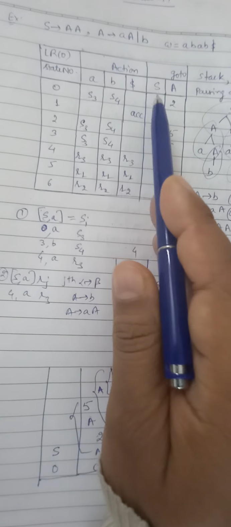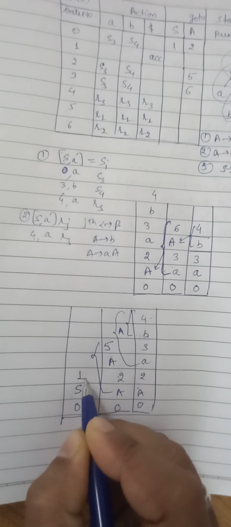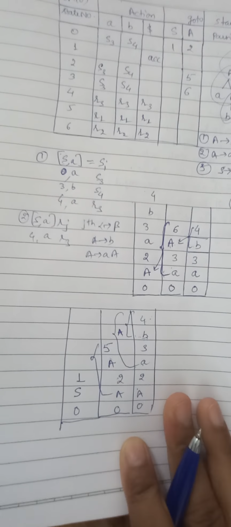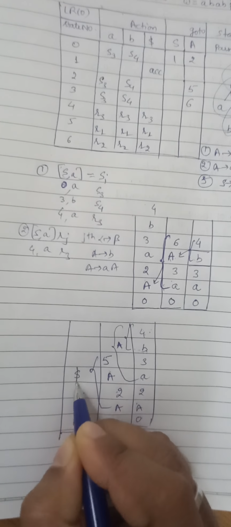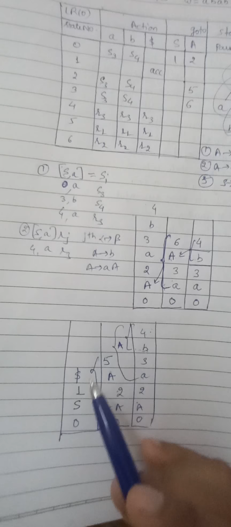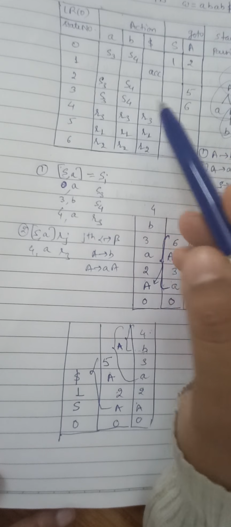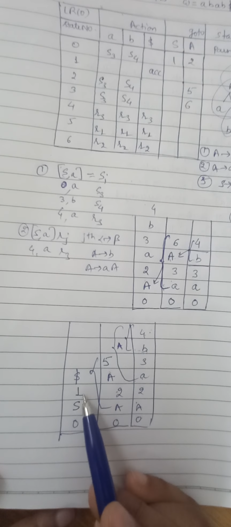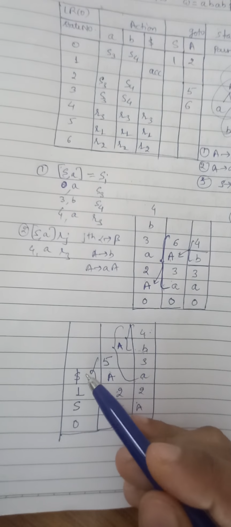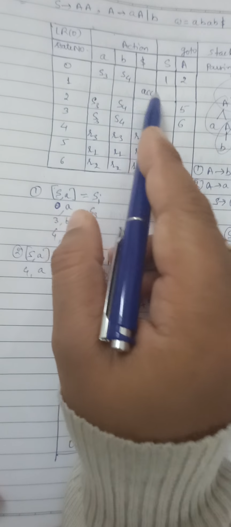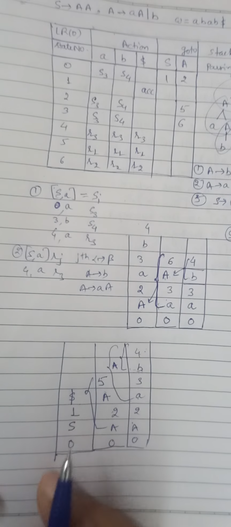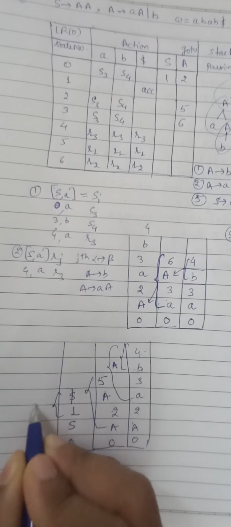So we write here 1. Because our string is accepted, we write here dollar, because we are reaching S and we are also at 1, and we can simply see from the table that acceptance is there. So we put a dollar, and we can say that our string is accepted.